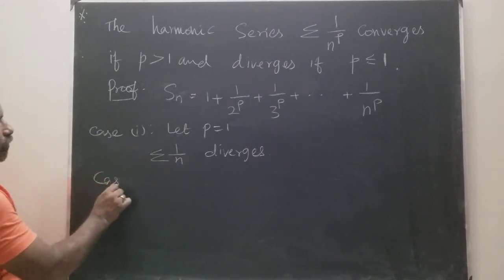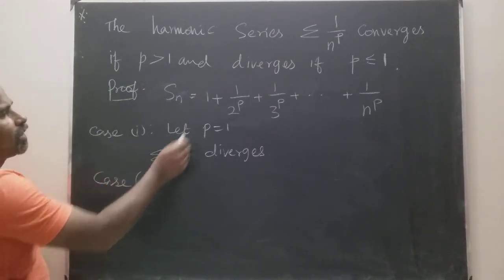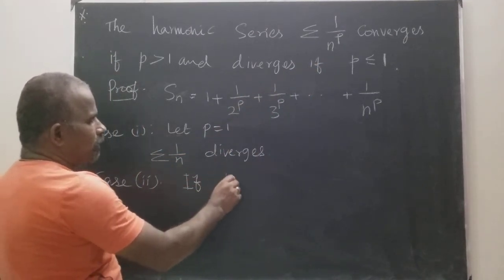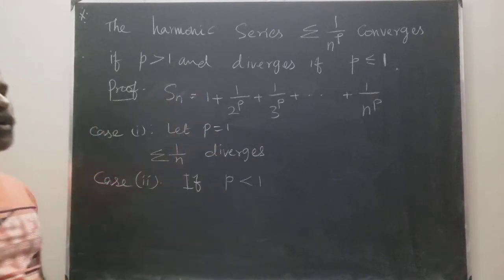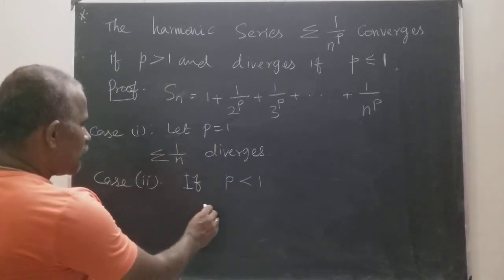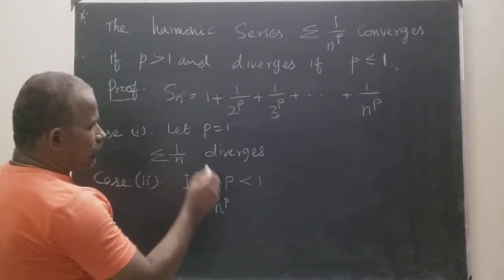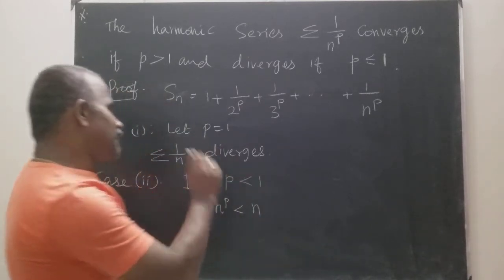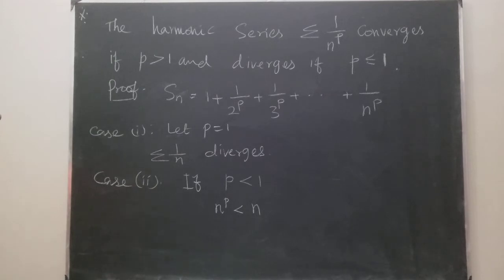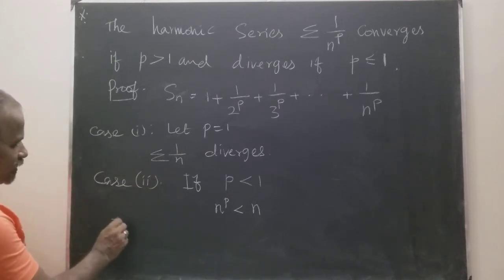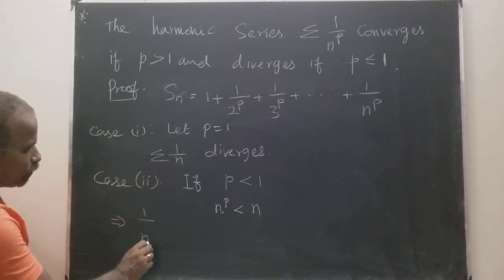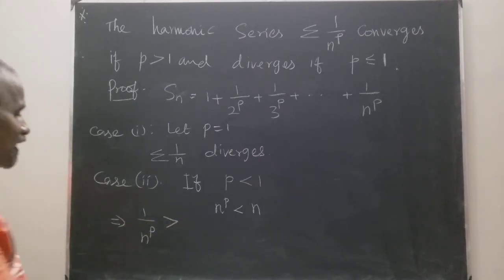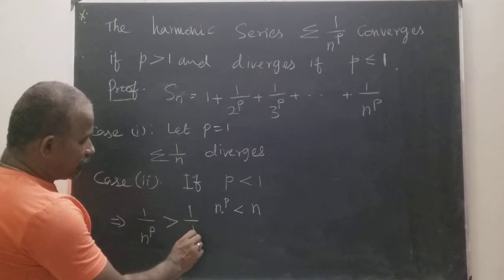Case 2. If p is less than 1, n power p is less than n power 1, that is n. So this implies 1 by n power p is greater than 1 by n.